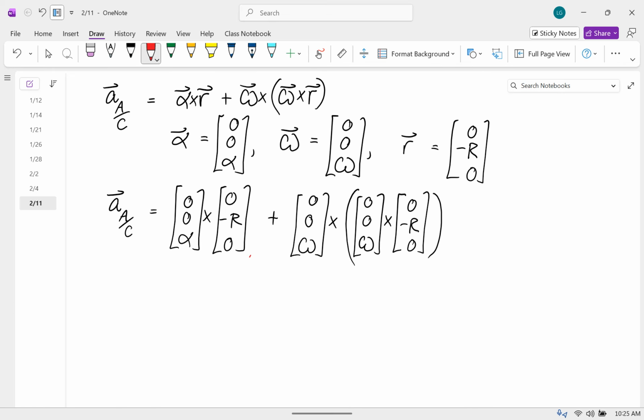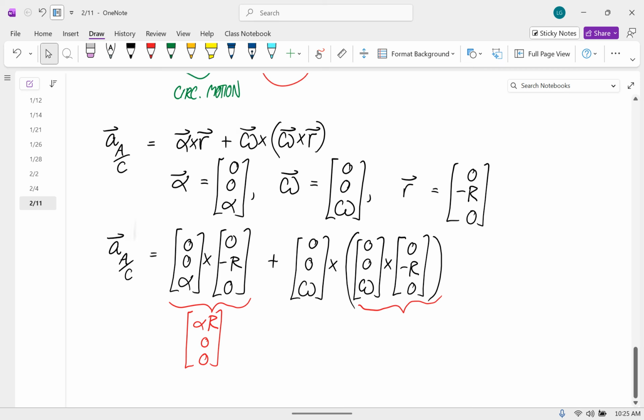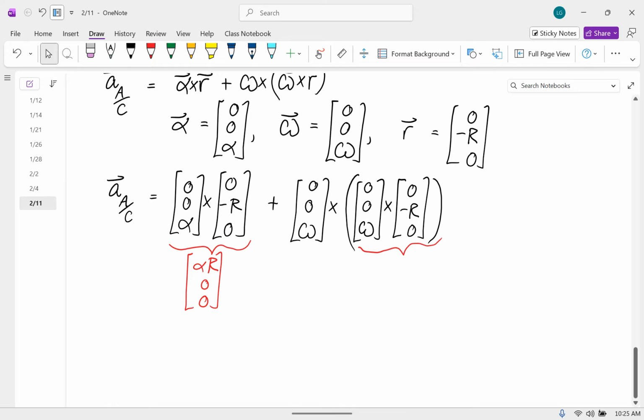Okay, so this one comes out to be positive alpha r, 0, 0. This intermediate one we already did above, and that came out to be omega r, 0, 0.